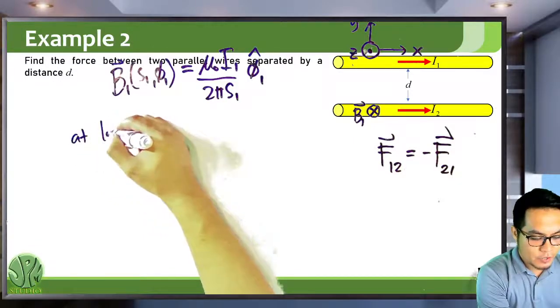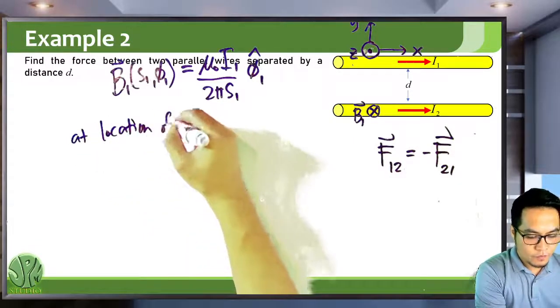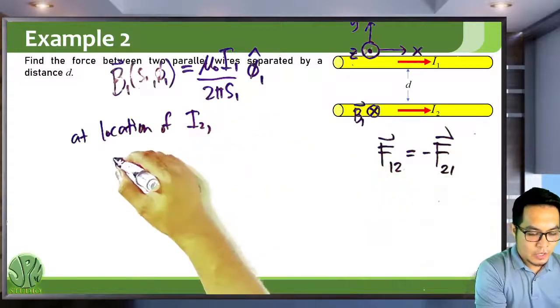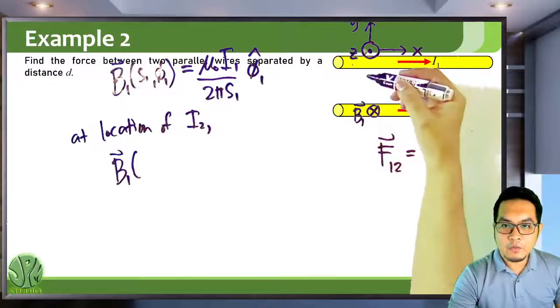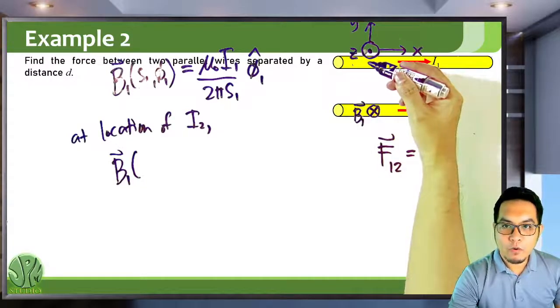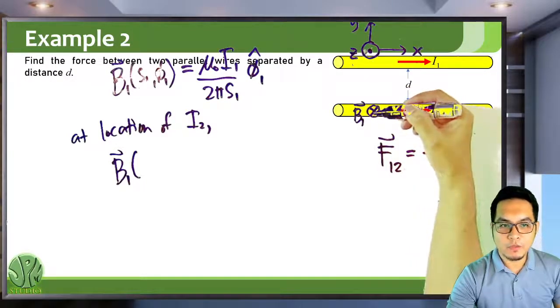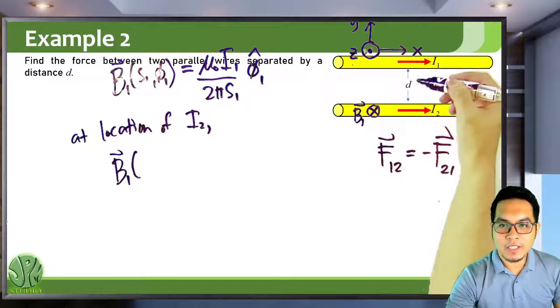So at the location of wire number 2, B1, where S1 is the distance from wire 1 to the location of wire 2, S1 is just equal to d.